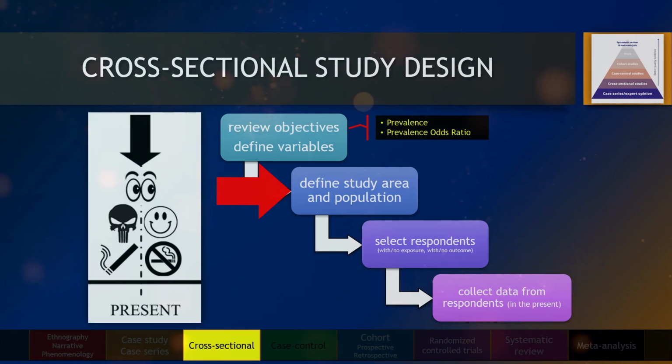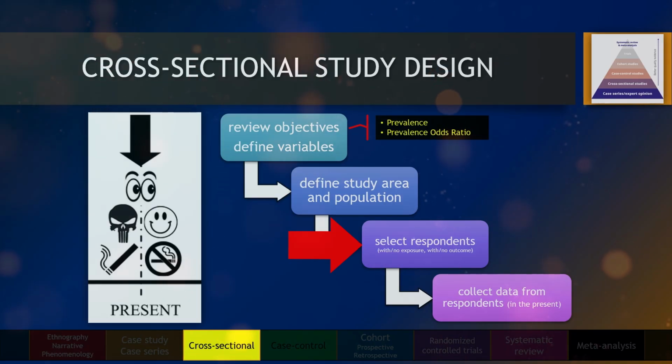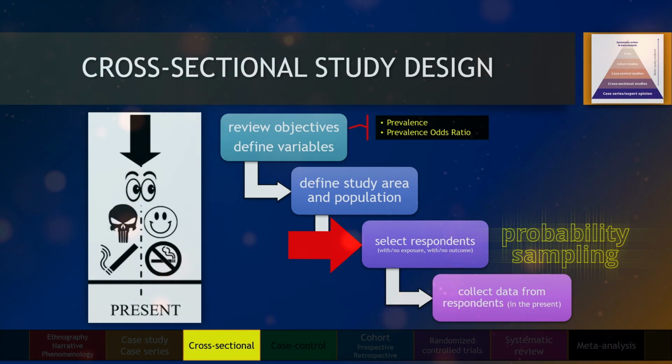Do you want to study exercise and diabetes prevalence for the entire country? Or do you want to focus on a particular city or a particular age group? Once you define your study area and population, you need to select your respondents through proper sampling methods, which are beyond the scope of this lecture. But for cross-sectional studies, probability sampling is the gold standard, since you want your samples to be representative of the entire population.